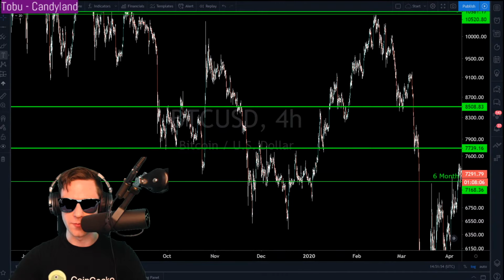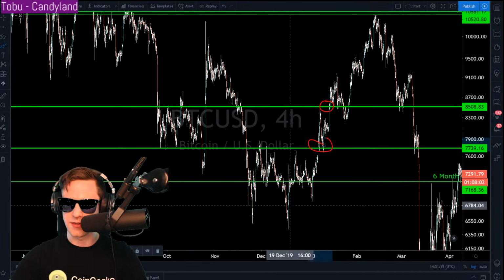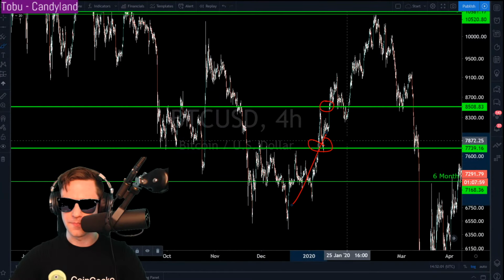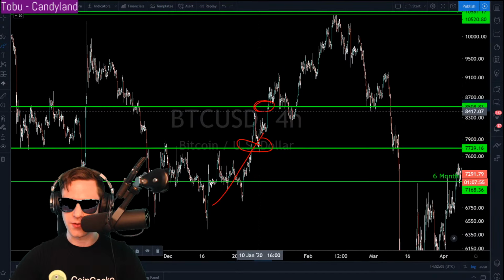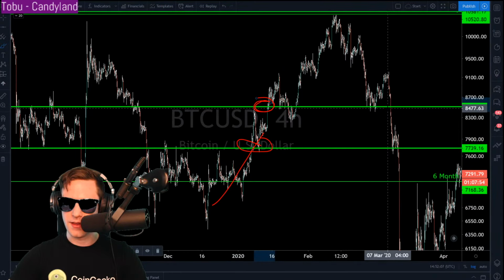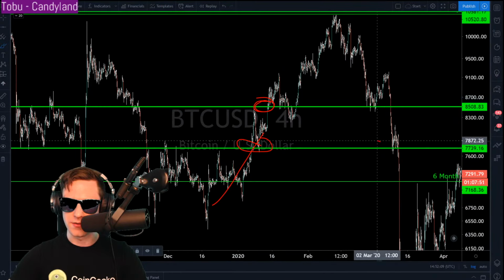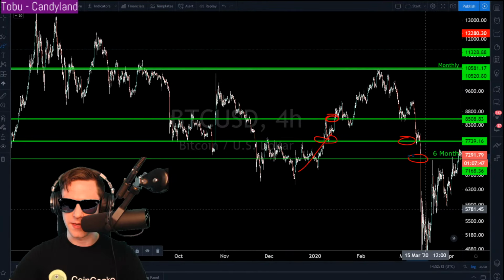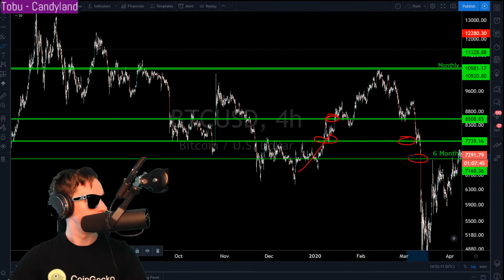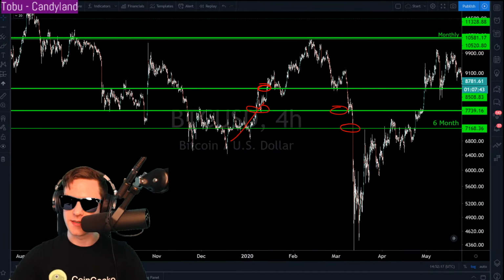I'll take maybe 1% here, 1% here on the way up. And then I'll take the profit, and then I will put a buy order down at the next support. These are made up supports, mostly because I'm flustered now.